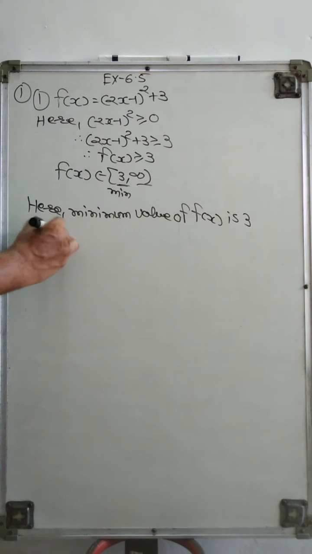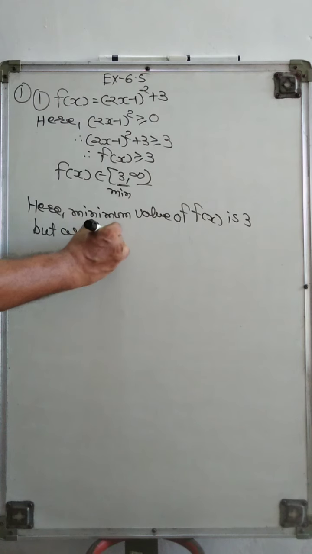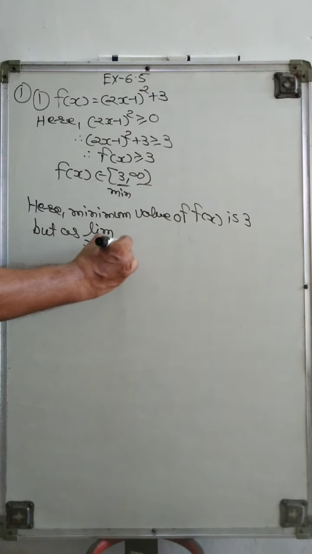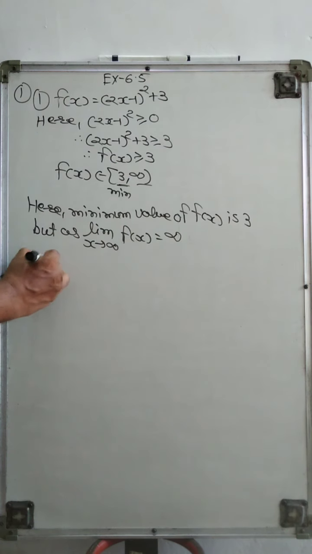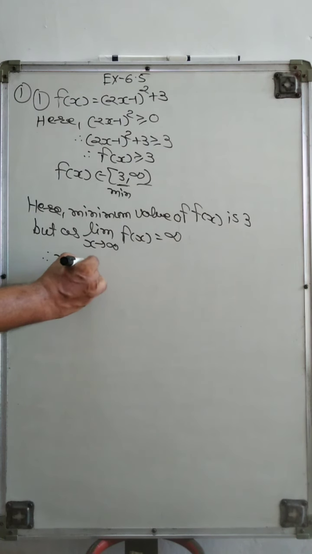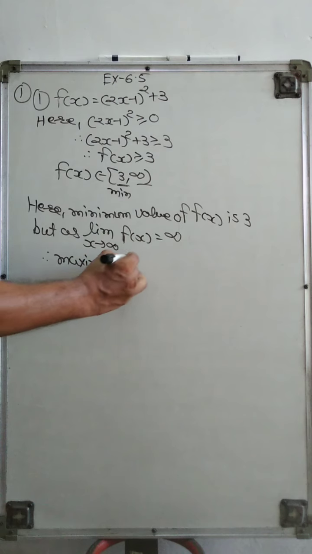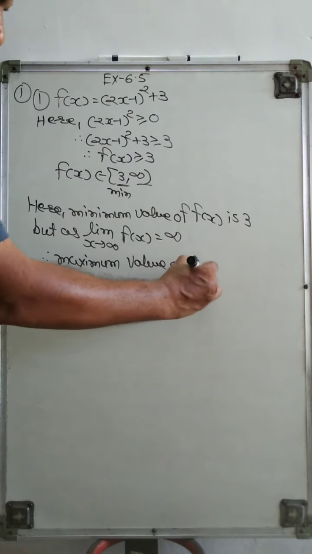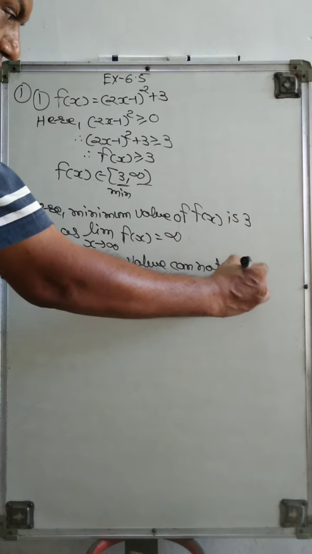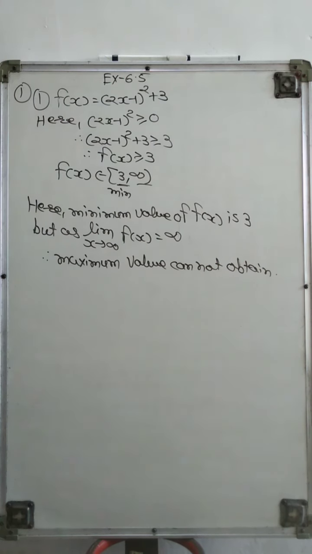But as limit x tends to infinity, f(x) is infinity. Therefore, maximum value cannot be obtained. Right? So this way, here only the minimum value is possible, not a maximum value.